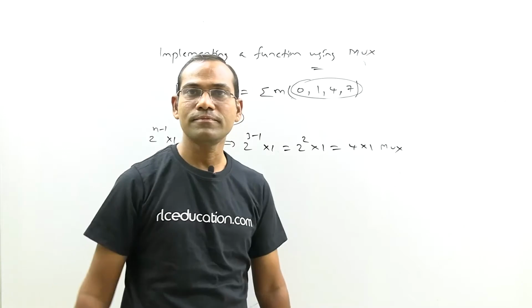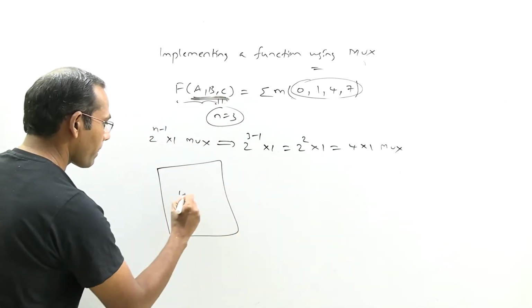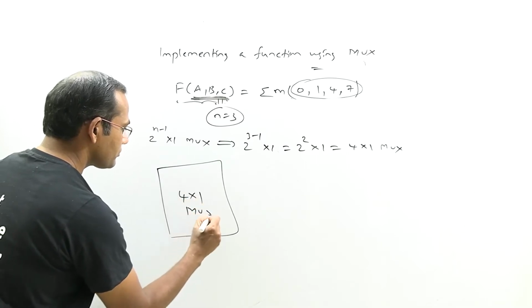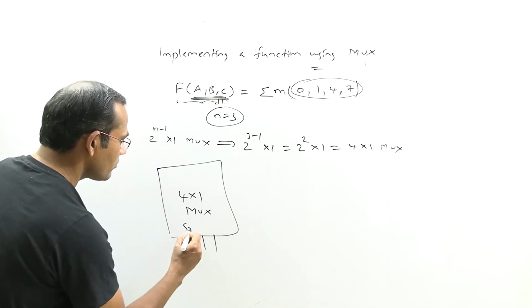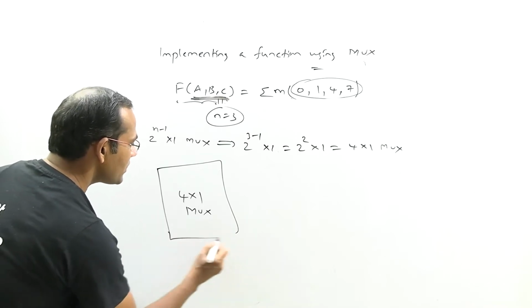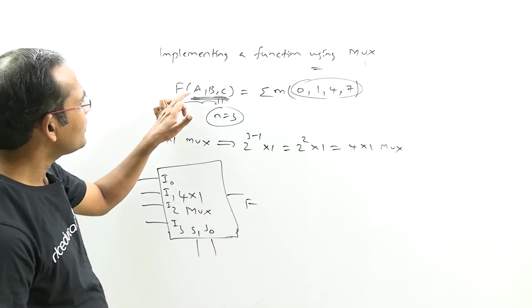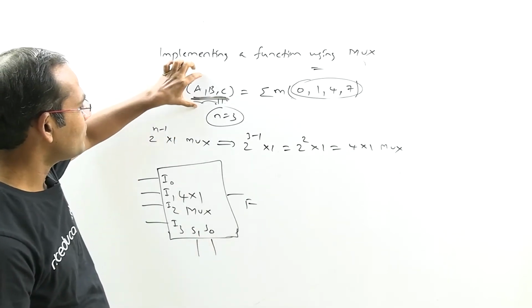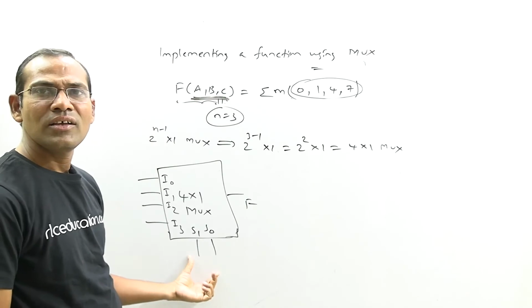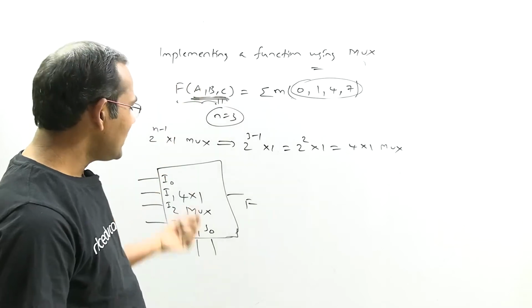So take a 4 by 1 mux. Sorry, only two selection inputs will be there. So here 3 variables are there in the function, but here only 2 selection inputs. So only use 2 out of these 3 here.